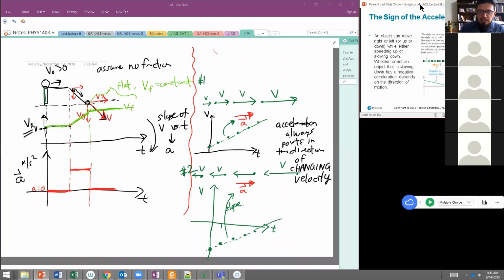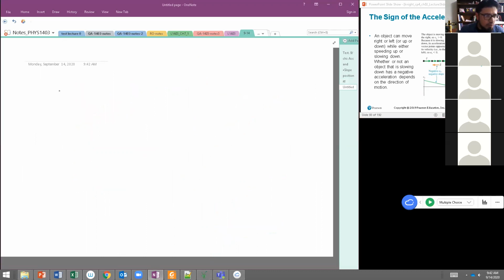Turns out that the acceleration can be in the other direction. And in that case, you get the exact matching counterpart to what I just described. So in the first situation, we had going to the right and increasing, going to the left and decreasing. Well, you can go the other way around.